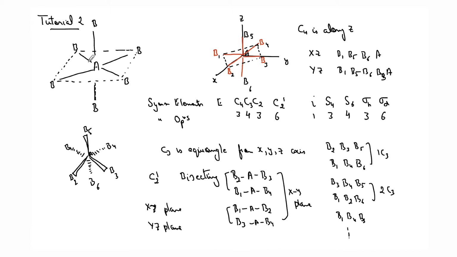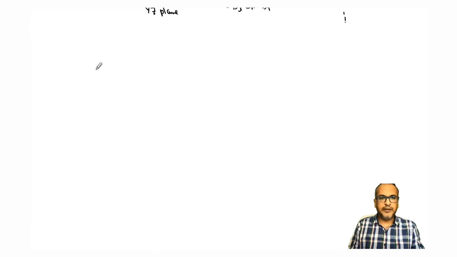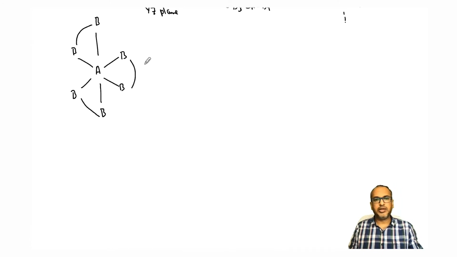Now let us go to an even more difficult molecule than this one. Well, the molecule is not difficult. It's just that visualization is sometimes more cumbersome. Okay. So now let's see that I have the same molecule A. The central atom has the similar octahedral symmetry. But now I have these two connected with bonds. Okay, so now the case is not as simple.